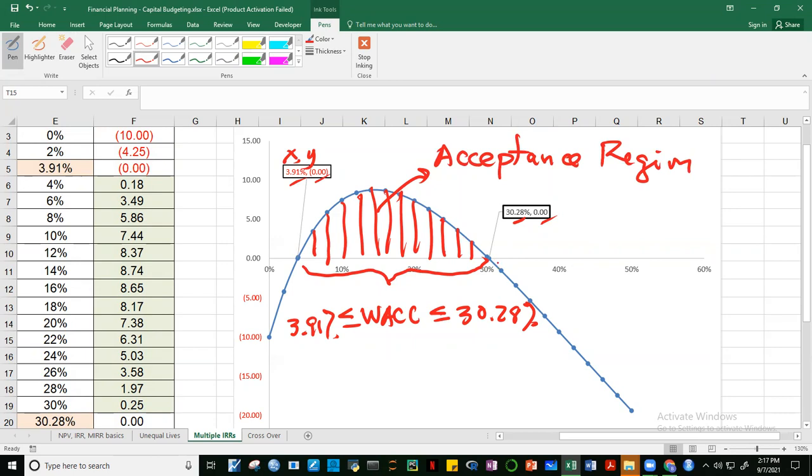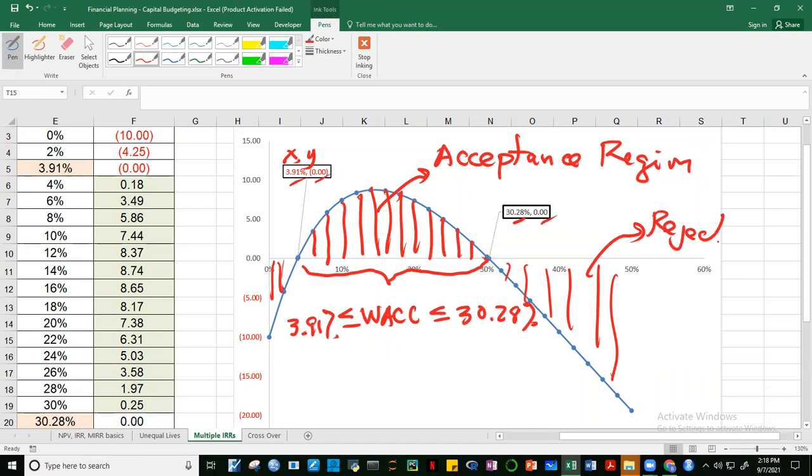Dito naman guys, dito sa region na to, so this is yung WACC natin greater than 30.28, okay, less than 3.91. Ang NPVs natin are all negatives. So dito sa portion na to at saka dito, no? These are your rejection.